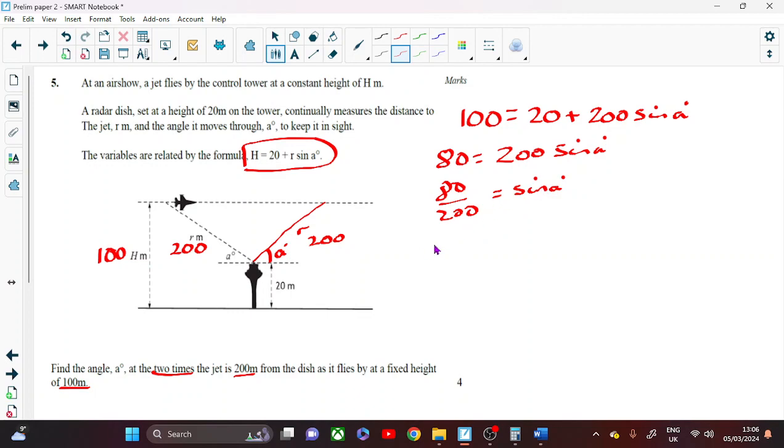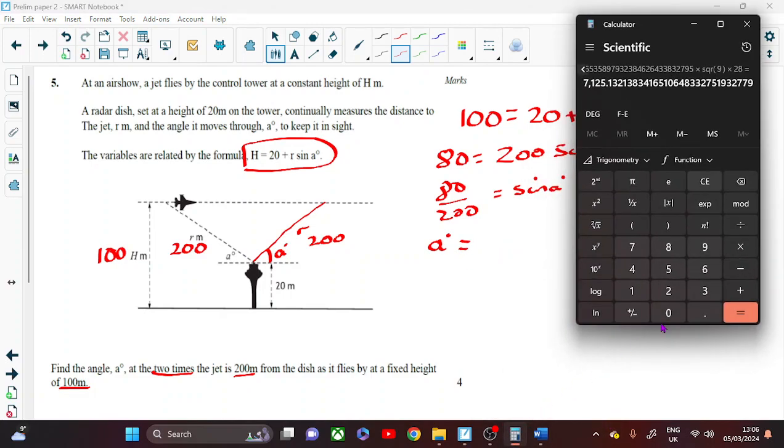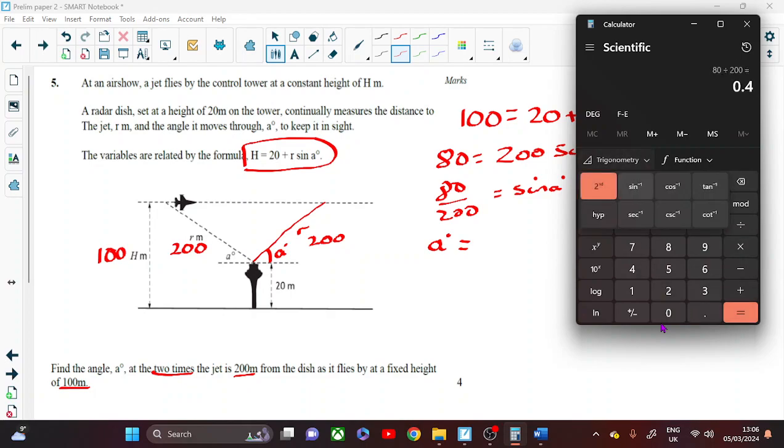And to find A, we're going to have to use the inverse function. So we have got 80 divided by 200. You put it into your calculator, however your calculator takes it, and I need to find the second function of sine.